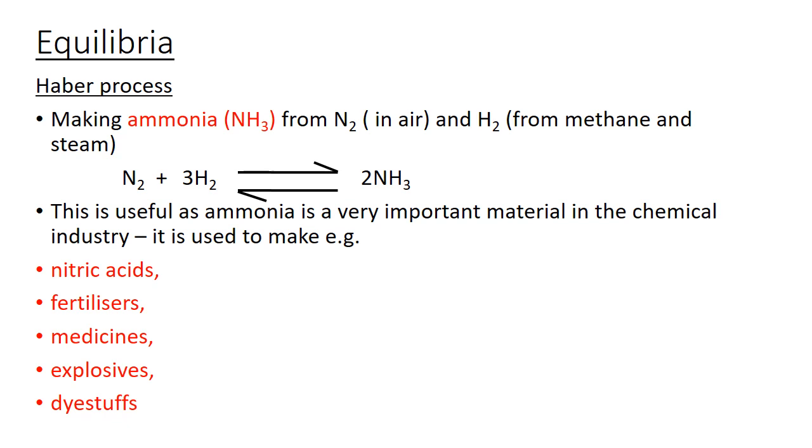And there is lots of interest in reading on this and looking how it affected the war effort, so it's definitely worth researching. But, just to give you a bit of context, we've had the Industrial Revolution. Populations are increasing, we have more and more demand for more food, for example, so we need more fertilisers.